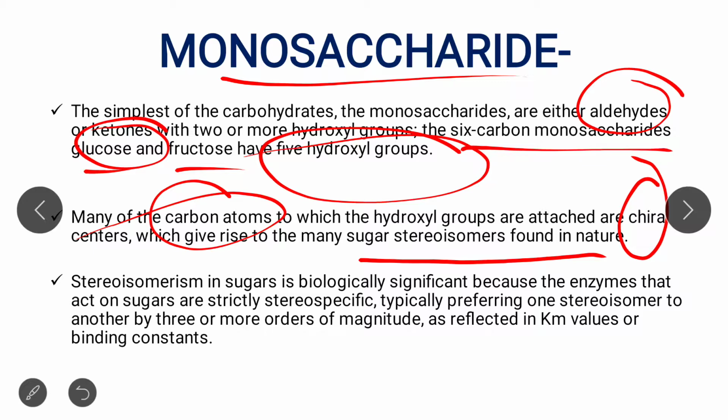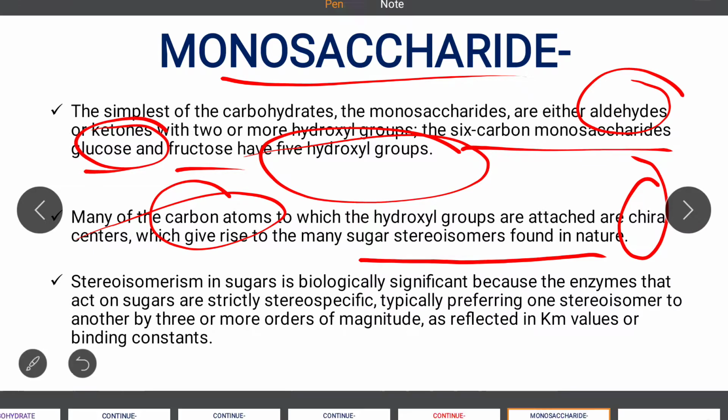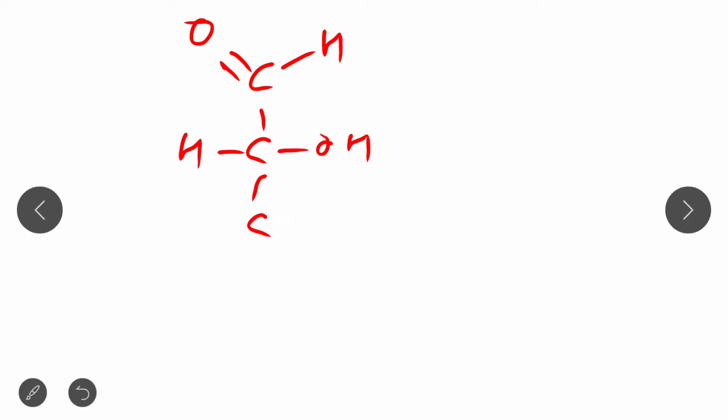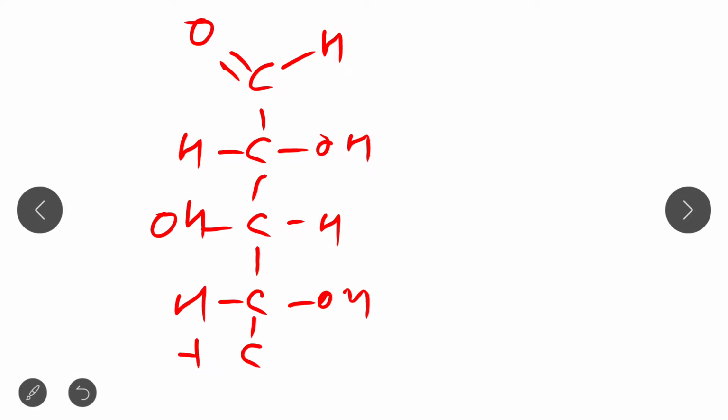Okay, so if you look at the structure of monosaccharide, as I already explained, CHOH, CHOH, CHOH, CHOH and CH2OH.